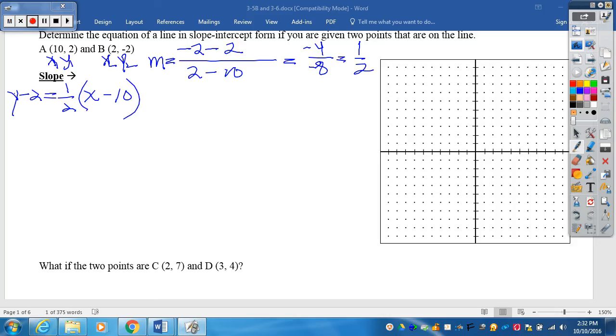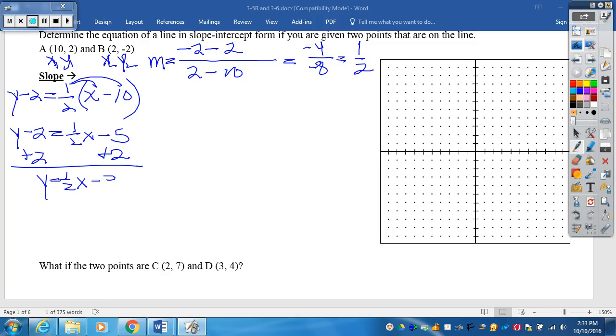And then from there, I just need to solve for y. So y minus 2, I distribute the 1/2, so 1/2 x minus 5. And then if I add 2, y equals 1/2 x minus 3.